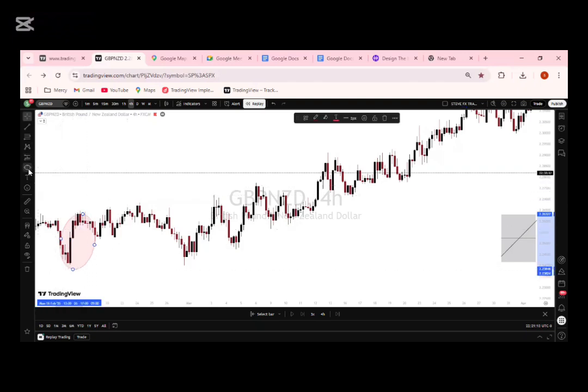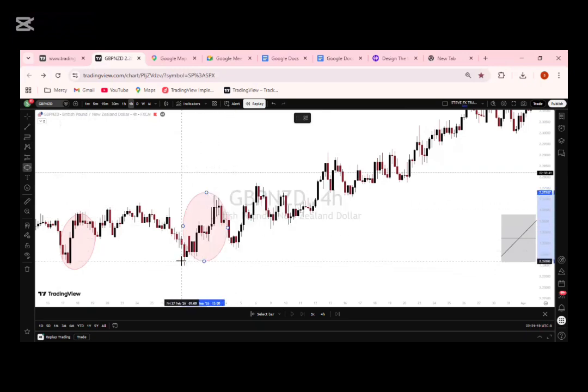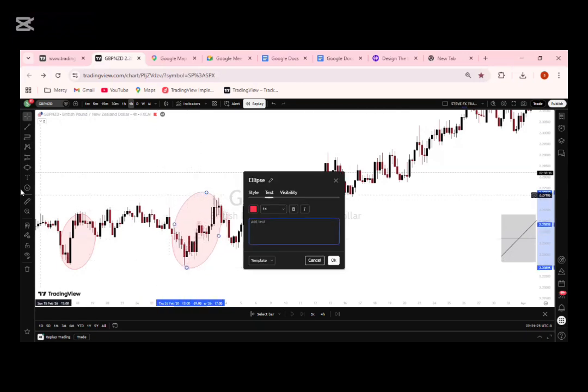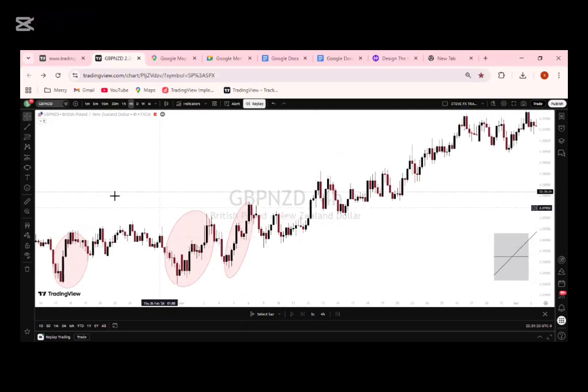This is an expansion. This is also an expansion, or a bullish move from here. This is also an expansion. So first you look for the impulse moves or the expansions that the market created.